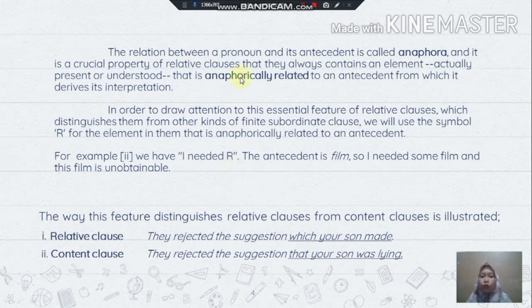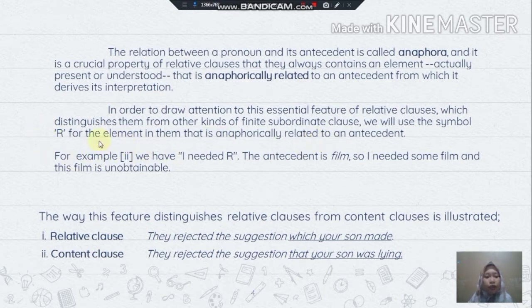The relation between a pronoun and its antecedent is called anaphora, and it is a crucial property of relative clauses that they always contain an element that is anaphorically related to an antecedent. In order to draw attention to this essential feature of relative clauses, which distinguishes them from other kinds of finite subordinate clause, we will use a symbol for the element in them that is anaphorically related to an antecedent.